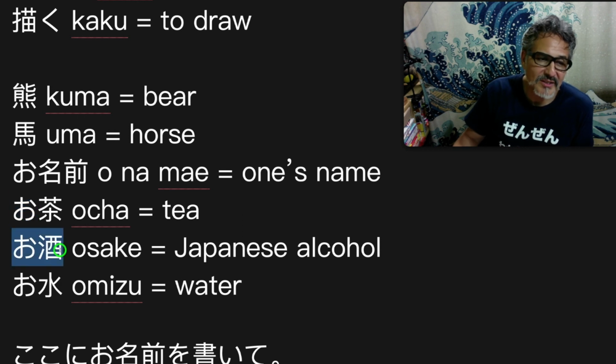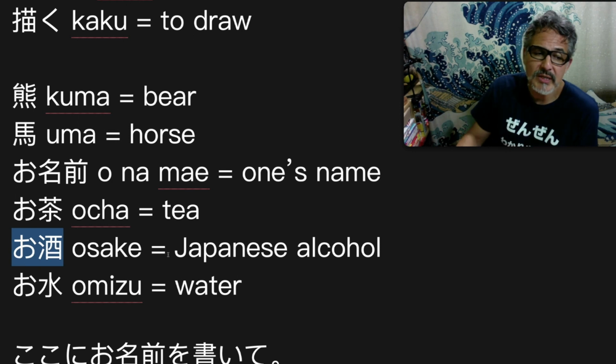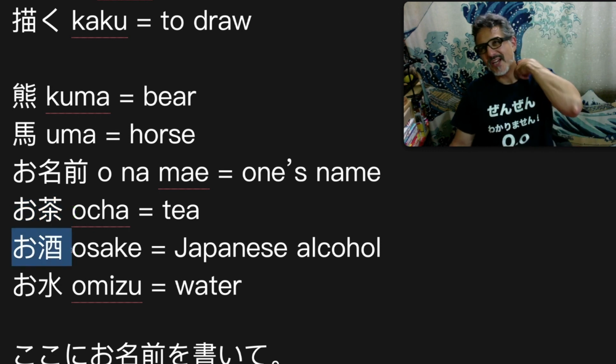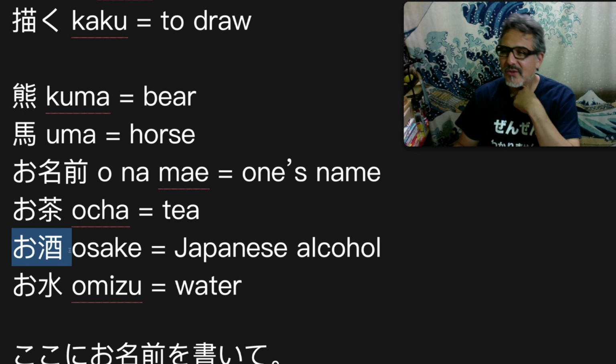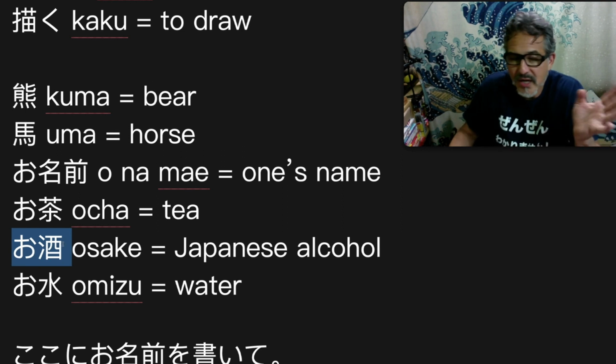Or the osake, which does deserve, I think you will agree with me, is a very honorable drink. Osake. And then omizu, which is water. So this is actually mizu, sake, cha. But we always say ocha. We always say, I think pretty much osake. Well, not always, but if you're offering someone sake, you would say osake.